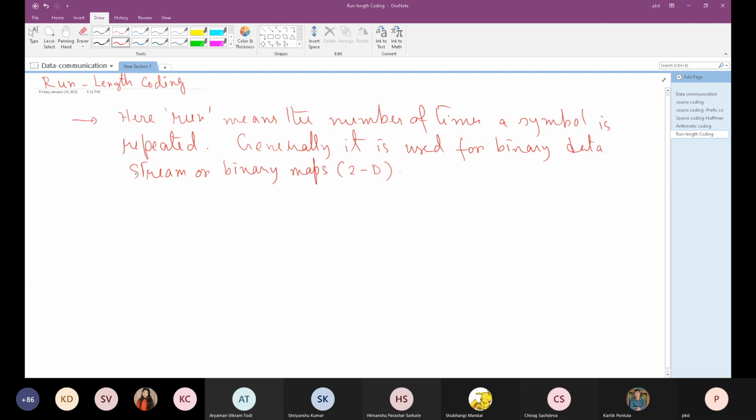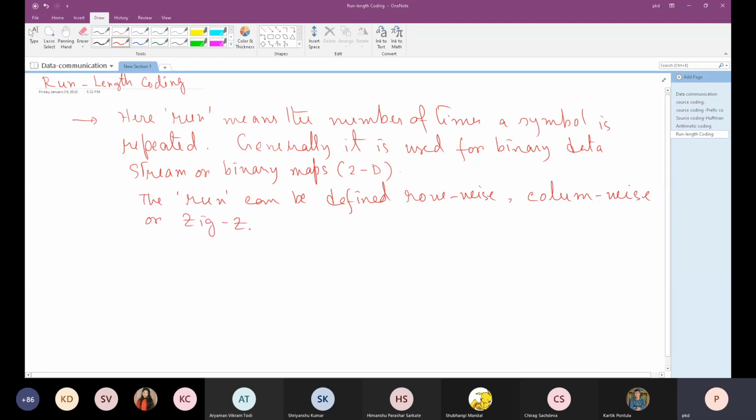This run can be defined row-wise, column-wise, or zigzag in the case of 2D maps, 2D binary maps.